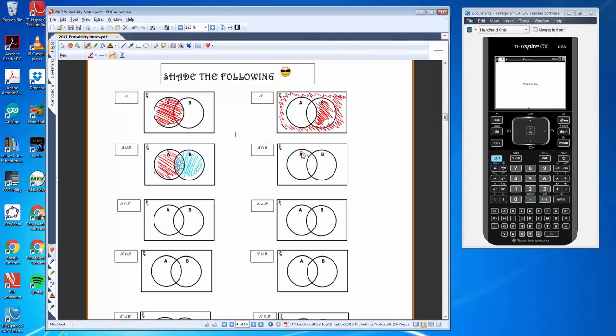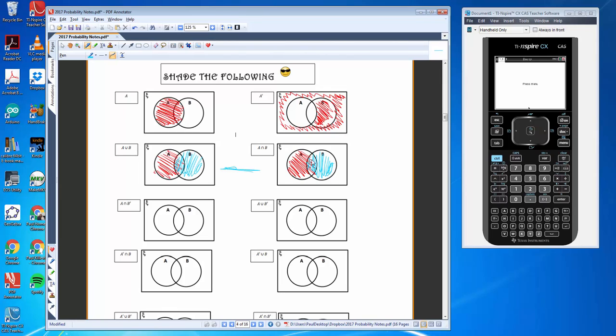Okay, so first of all we're going to shade and. Not and, we're going to shade A. Now we're going to shade B again. So what's the difference between these two? Well, this means A and B. So have a look at your diagram, and where has A and B been shaded?